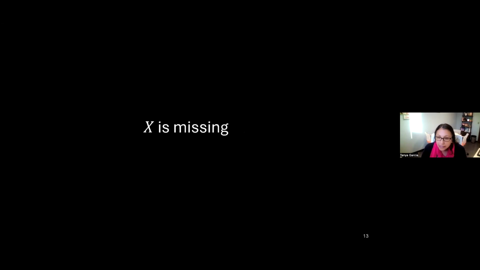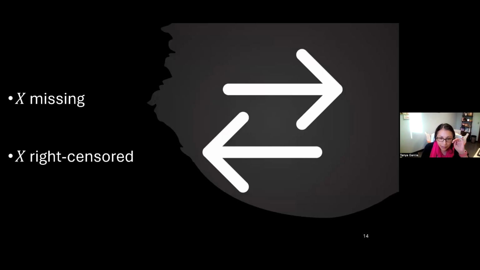That similarity led my team and I to dig deep into the missing data literature. We thought that perhaps we could take a method for the case where X is missing and apply that to the problem where X is right-censored. And because they're so similar, we could get some great results with that approach.